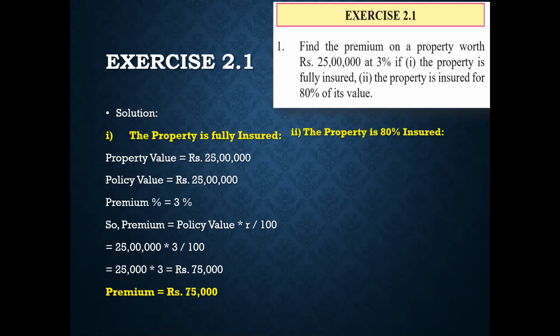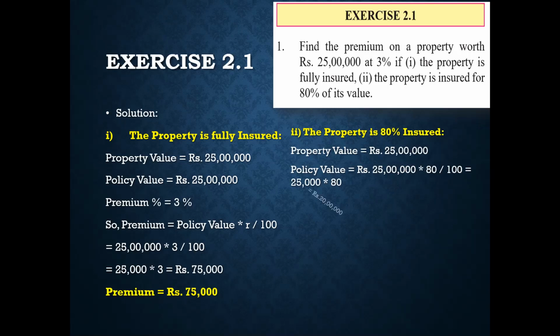Coming on to the second condition, the property is 80% insured. Now class, 80% as you can see multiple of 10. So again, property value 25 lakhs, but this time the policy value will be 25 lakhs into 80 by 100. On cancelling the 0, you get 25,000 into 80, which is equal to 20 lakhs.